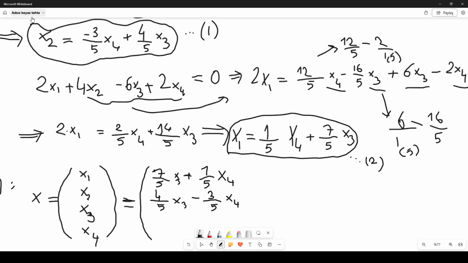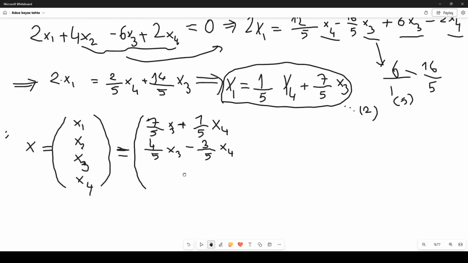Let's continue. How about x3 and x4? Well, as the name suggests, these are free variables, so I just put them as they are. So I write x3 and x4, and this is the magic behind the solution of the homogeneous system.